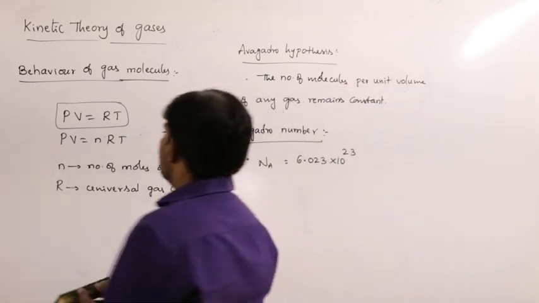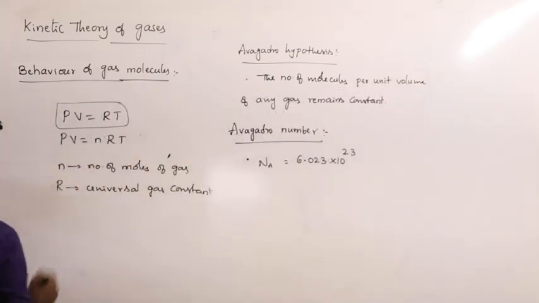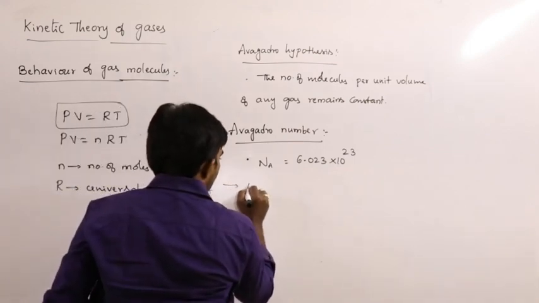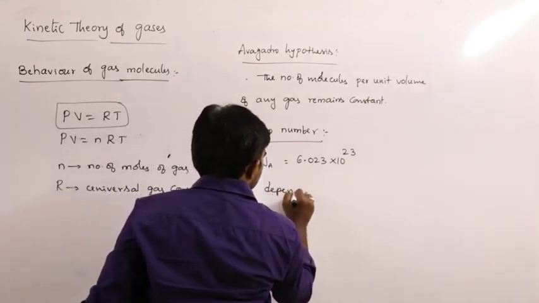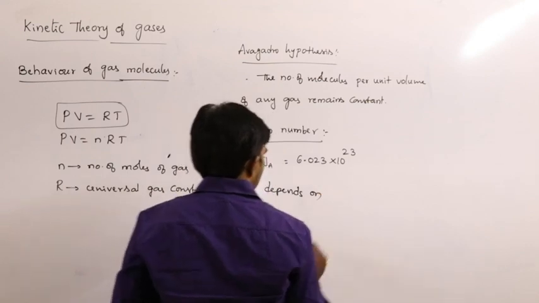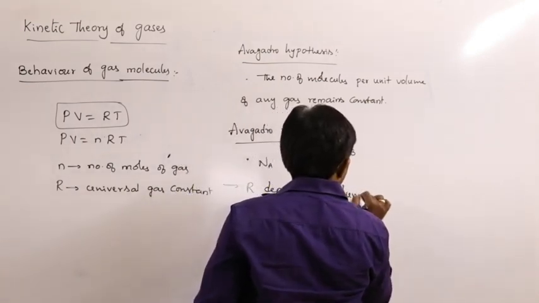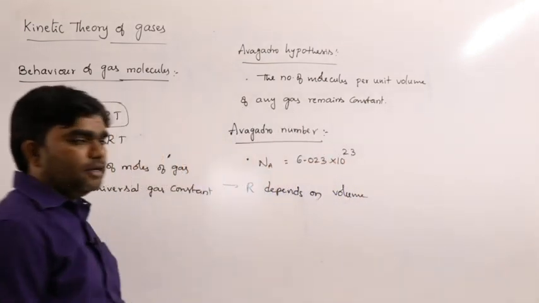So now here PV is equal to nRT, but here R depends on volume. The universal gas constant depends on volume.